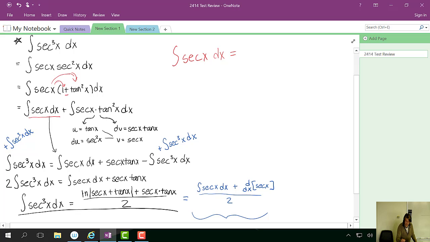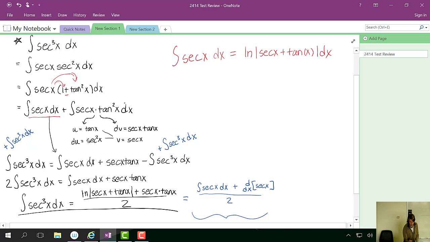I guess we'll copy this down first. Integral of secant is always natural log of secant of x plus tangent of x. Right.